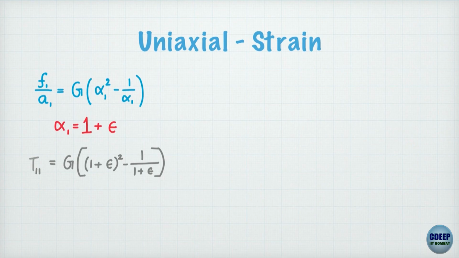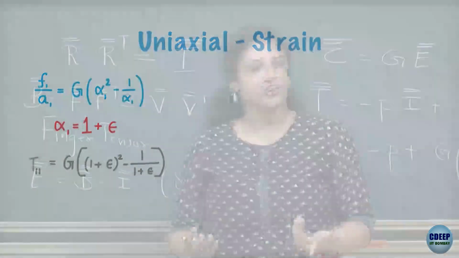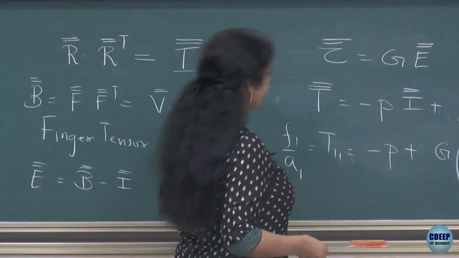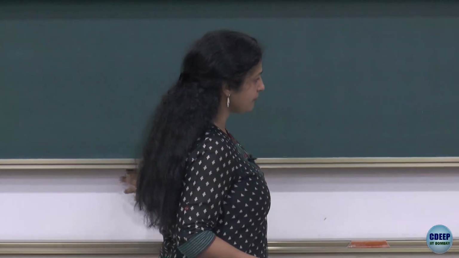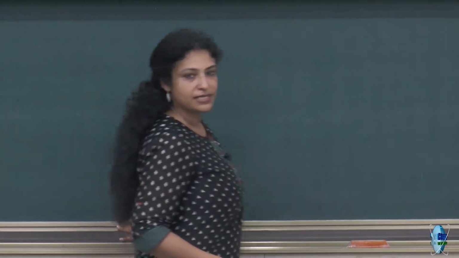Okay. Now, a quick recap: what we generally use to study extension is the strain and not the elongation ratio like alpha we have taken. And an elongation ratio by definition is nothing but strain plus 1. Right?